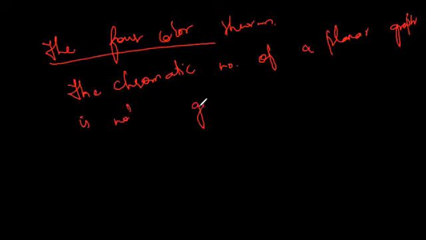So a planar graph, you have seen examples of planar graphs in the earlier slides. Take a planar graph and try to find the chromatic number. You will always notice that the chromatic number of a planar graph is not greater than 4. By yourself, take an example and try to solve the problem.